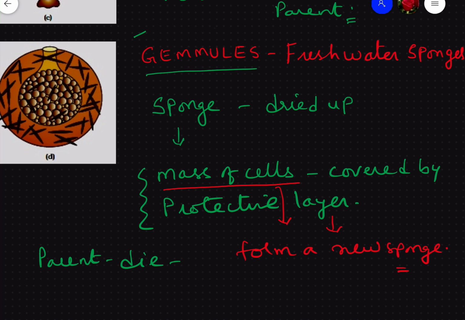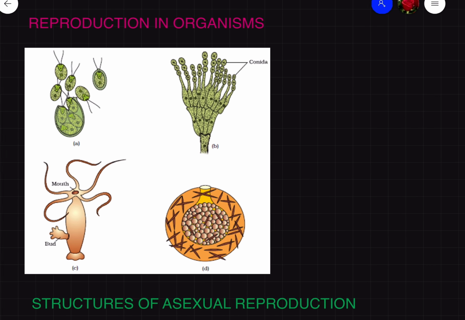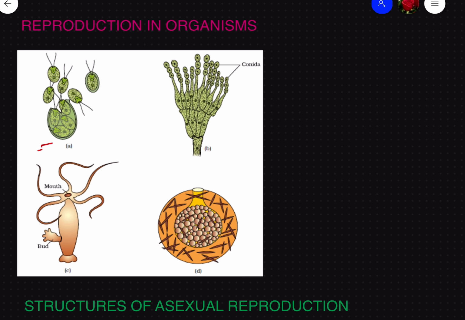So overall, you are supposed to remember: zoospores are the special asexual spores that are produced in Chlamydomonas by mitosis. Conidia are the special spores produced in Penicillium, a type of fungus. They are also mitospores, an asexual mode of reproduction.